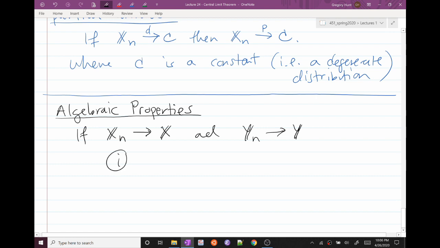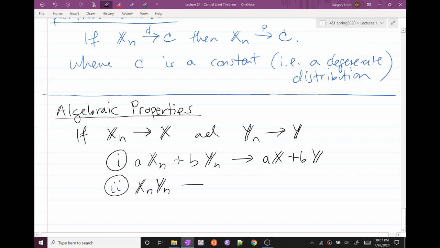In this case, we know that a x sub n plus b y sub n converges to ax plus by. So that addition and multiplication, linear combinations, are preserved, and x sub n times y sub n converges to x times y.